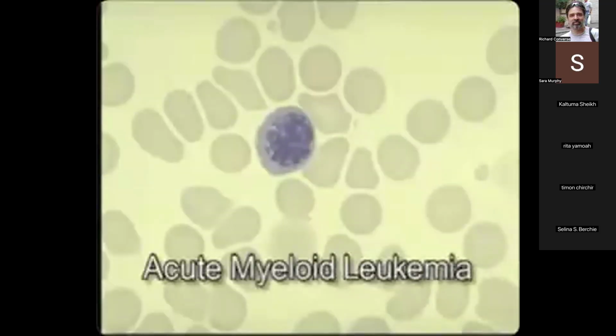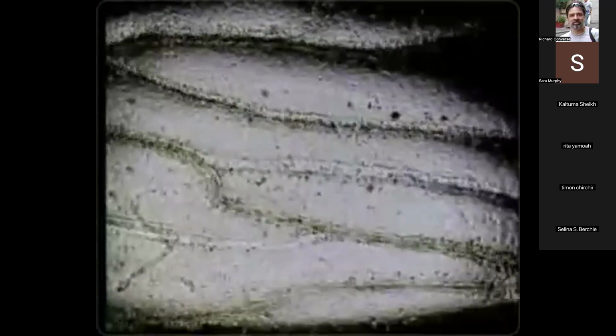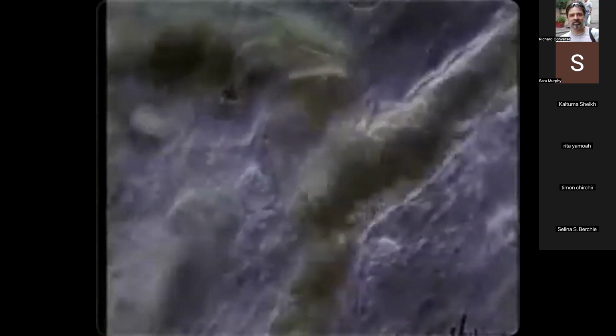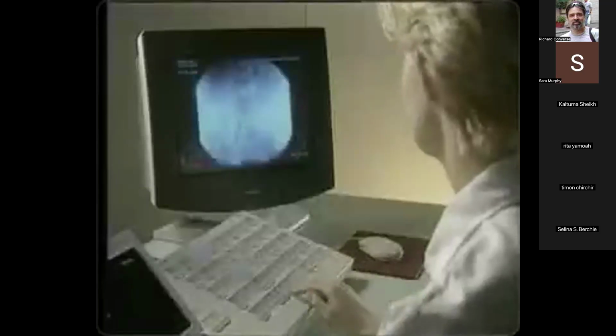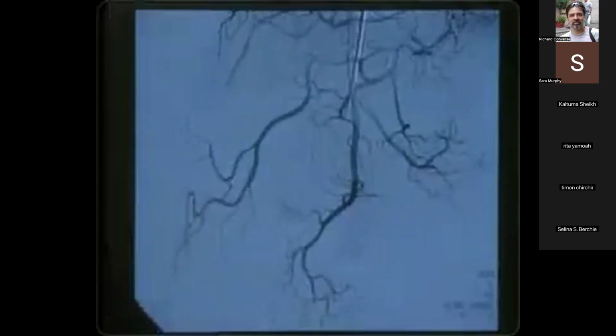Acute myeloid leukemia is a life-threatening disease in which myelocytes become cancerous and rapidly replace normal cells in the bone marrow. Exposure to large doses of radiation and use of some cancer chemotherapy drugs increase the likelihood of developing acute myeloid leukemia.